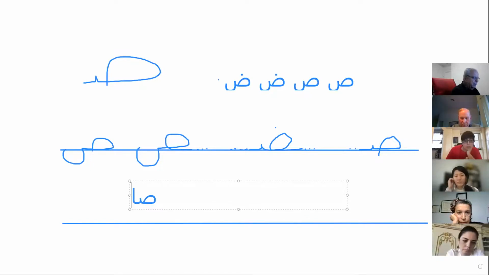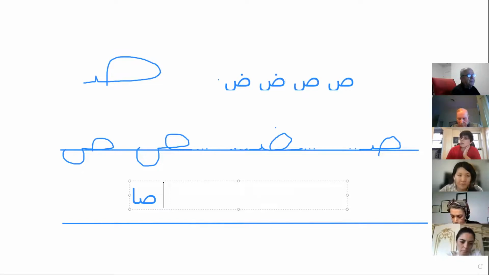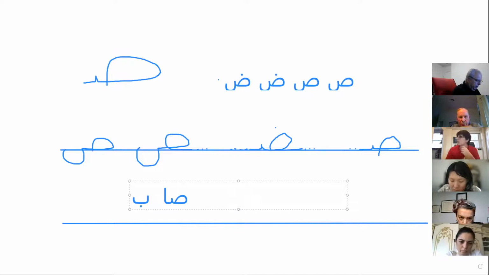You see, sa, just to let you see how it shows when you're typing, when it's not at the end of a word. Like here we have it at the end of a word, but it's not connected. Okay. Now this is at the beginning of a word. Okay. Now I'm going to write another word.